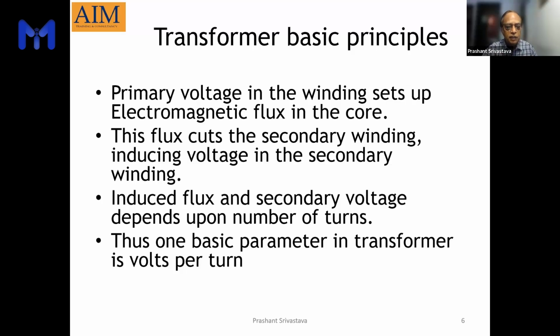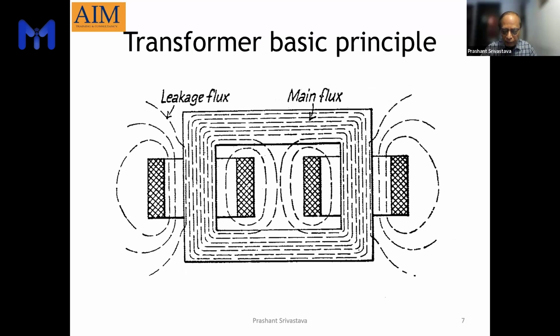So this flux cuts the secondary winding and induces a voltage in the secondary winding. The induced voltage of the secondary winding depends upon the number of turns. So one basic parameter of any transformer design is volts per turn. This is the way it looks in a core.